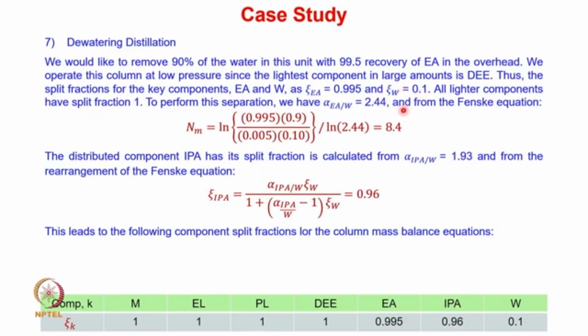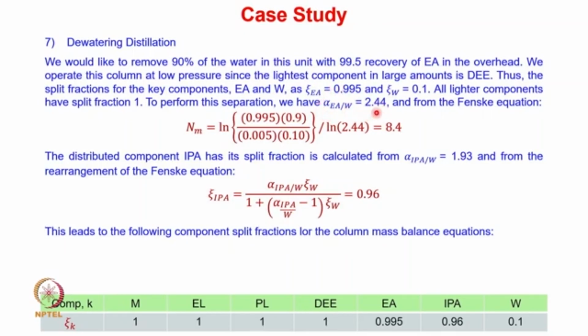So with this split fraction, we can then calculate the relative volatility of ethyl alcohol to water. So that comes out to be 2.44.